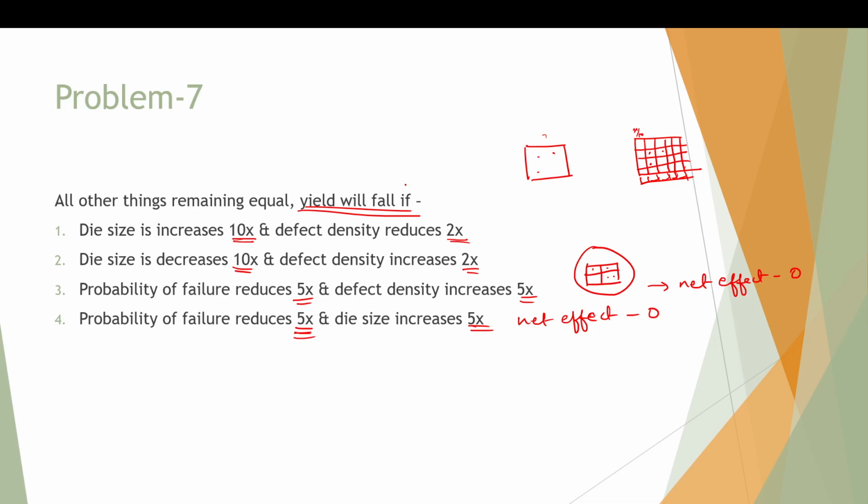We have to say in which the yield will fall, not increase. So in this case the yield has increased, right? So here the yield was 0, say each of these defects are terminal, then it is 0, but here it is 1, 2, 3, 4, 5, multiple. So yield increases in this case.